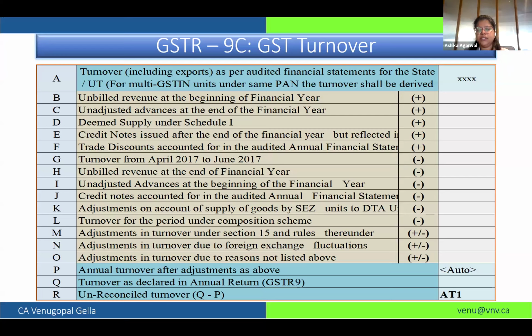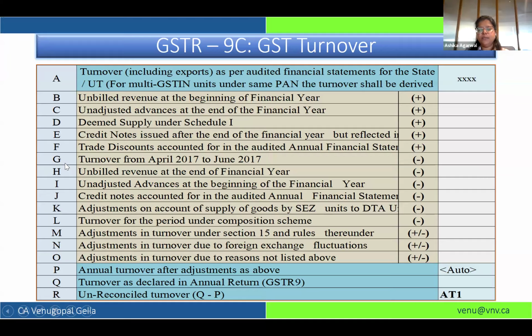Now, this discount meaning has changed. They have amended Section 15, but prior to this, for 24-25, you have to check any discount which is not in compliance with Section 15 and add it here separately.